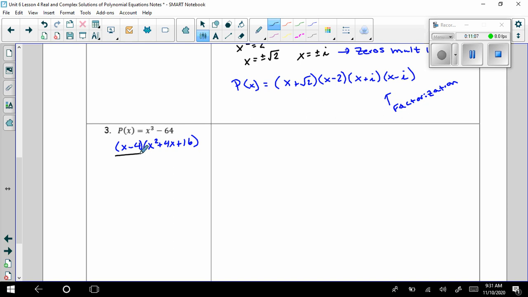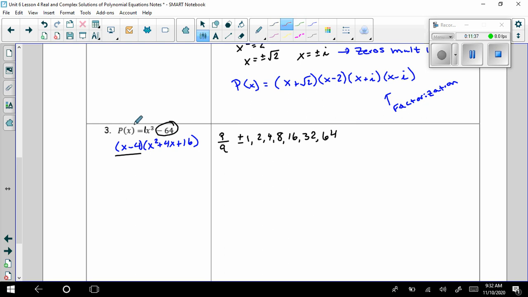So one of our factors for our factorization will be x minus 4, but we need to be able to find the rest of the zeros. So your p over q list is just factors of 64 because our q is 1. So we have 1, 2, 4, 8, 16, 32, and 64.